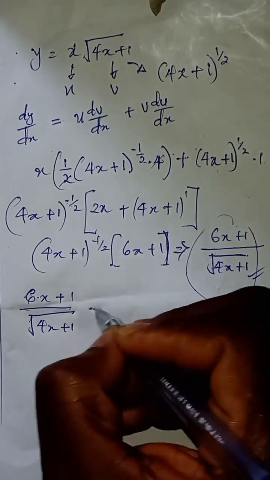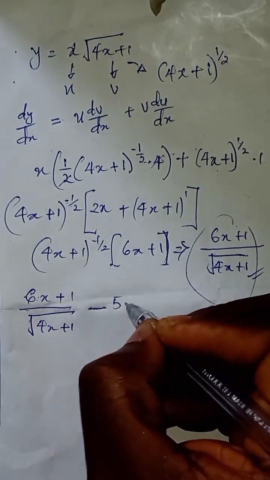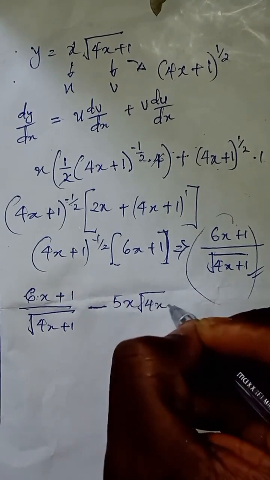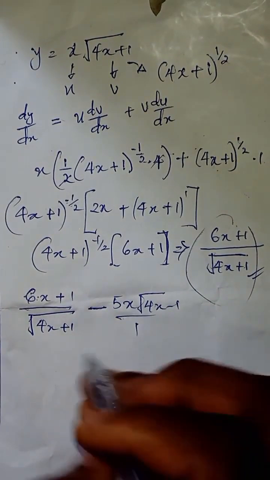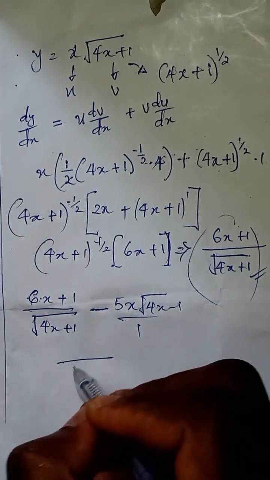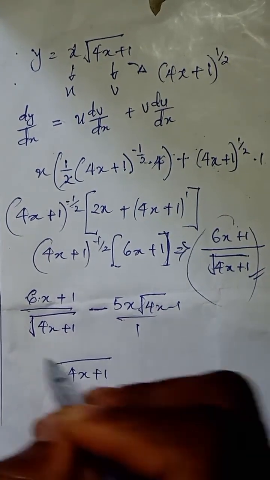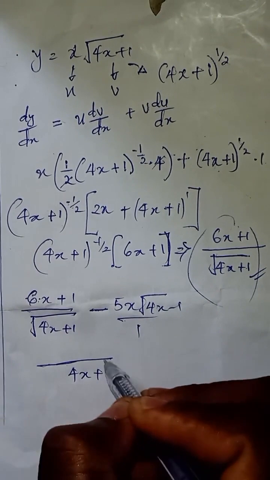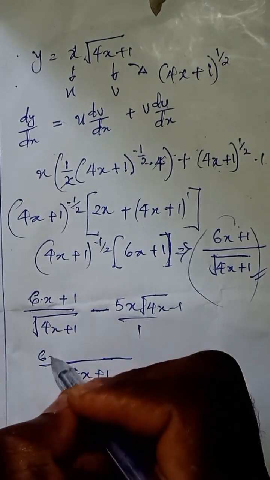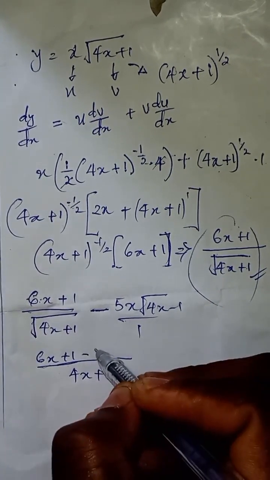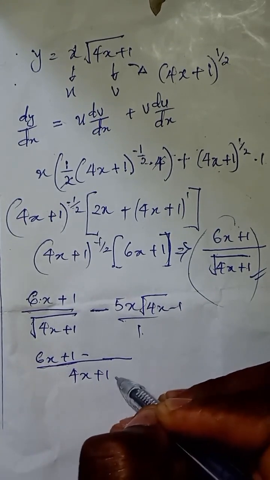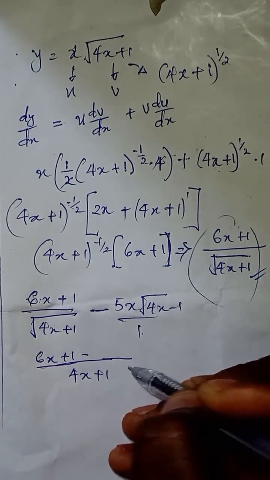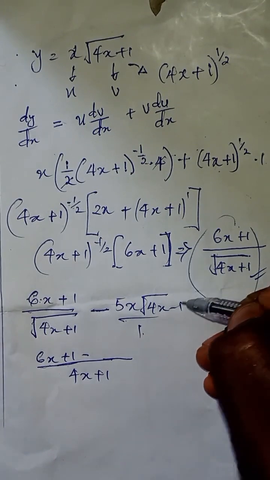My 5y now is going to be 5x times the square root of 4x plus 1. If I simplify this, what am I going to have? The LCM is the square root of 4x plus 1. When I simplify, I'm going to have 6x plus 1 minus 5x times (4x plus 1).